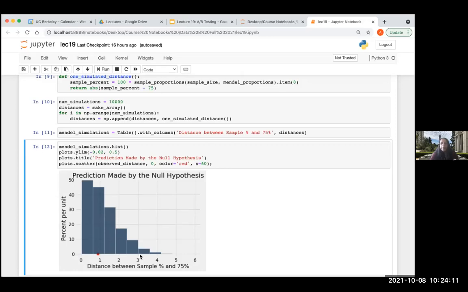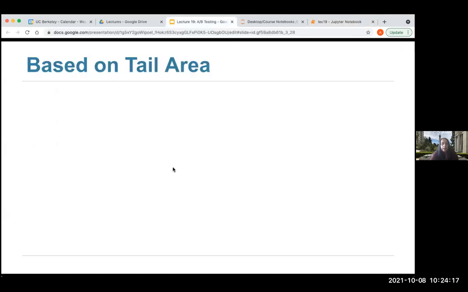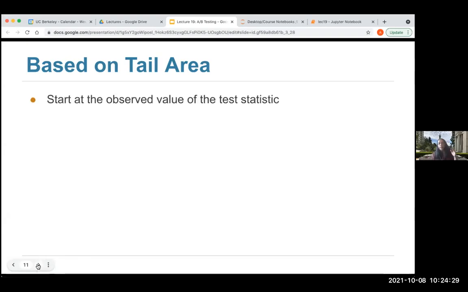Okay, and so that is one way of intuitively understanding why the decisions are made the way they are. The decisions are based on the tail area. If a tail area is small, then you are far out into the tail. In our case, the rule being you start at the observed value of the test statistic, and then you think about the alternative, okay?